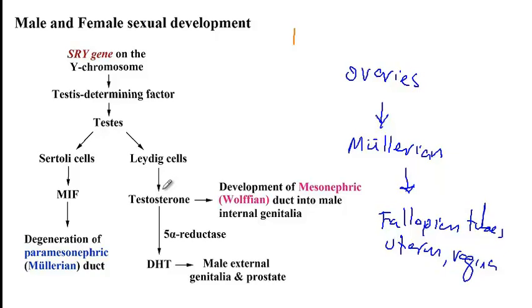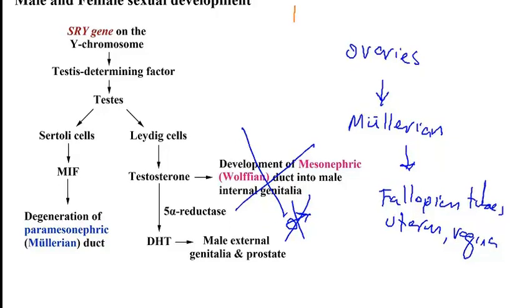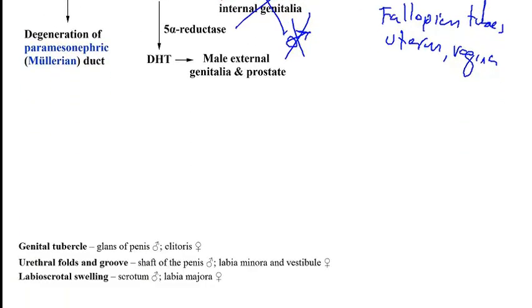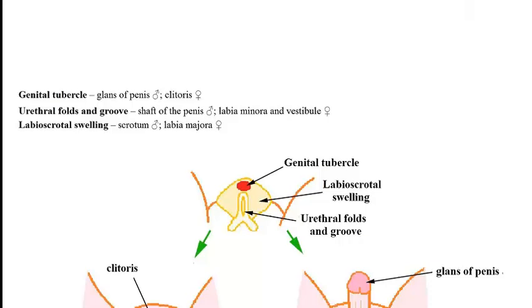And then since there was no testosterone, mesonephric or Wolffian ducts would have degenerated and no male organ would have been formed. Alright, now moving on to the next section, which is the male and female counterparts.